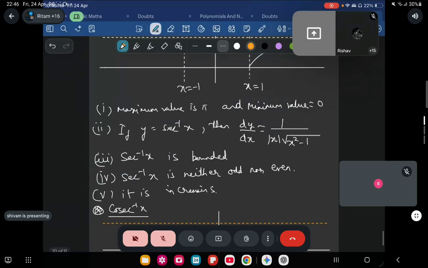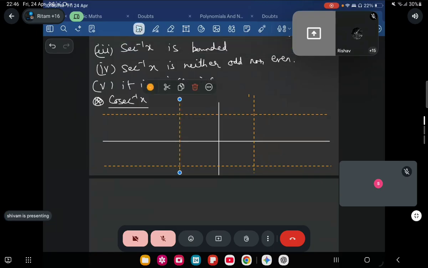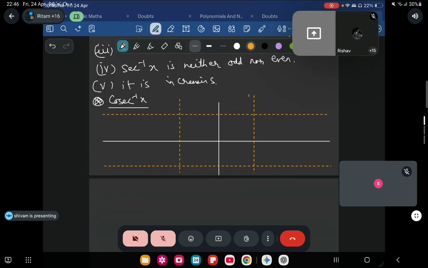Okay. Next. This is 1 and this is minus 1. Okay. Next. So this is 1, this is minus 1. And what is cosec inverse 1?